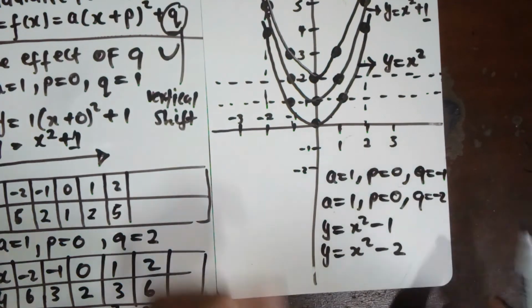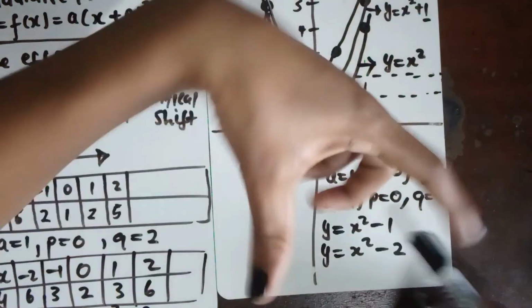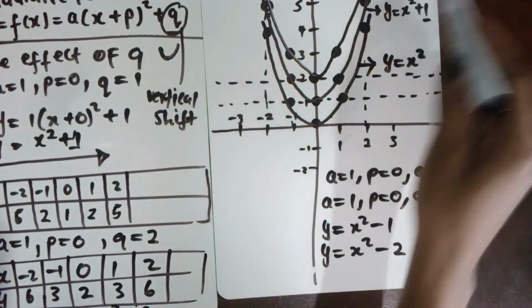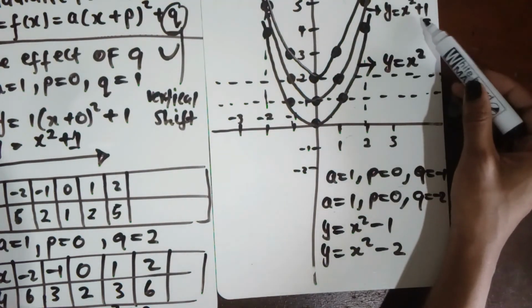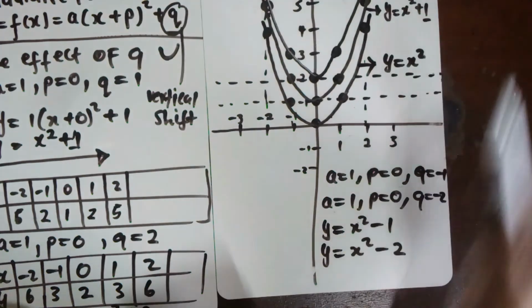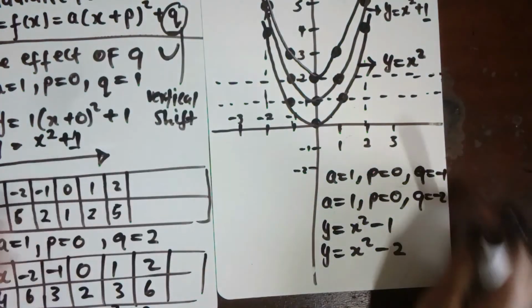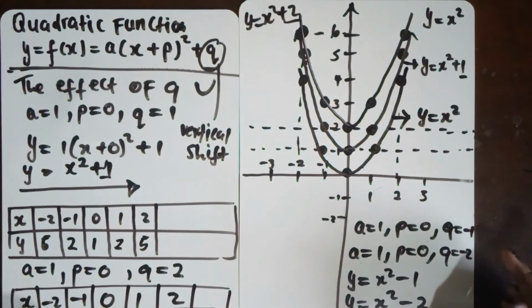And try to play with different graphs where perhaps a is negative, and you still have your q being +1, your q being +2. Try to do them on your own so that you can see the effect of these various parameters. That is something you can definitely do on your own.